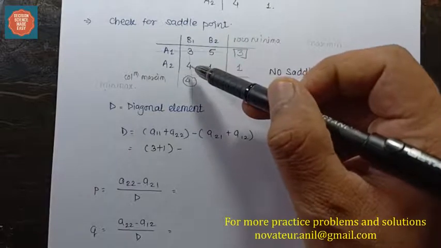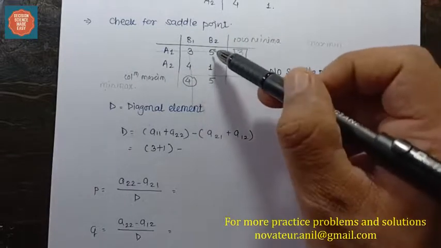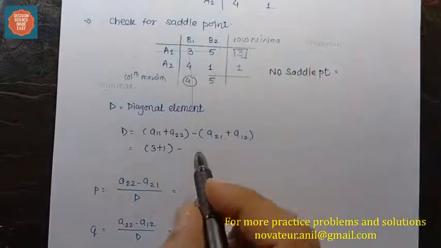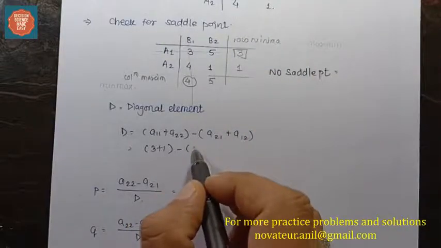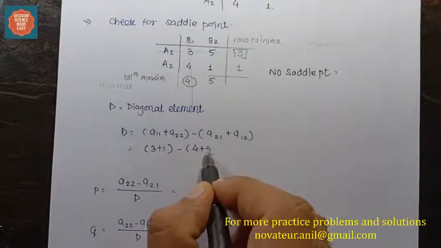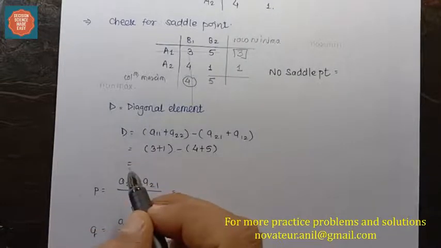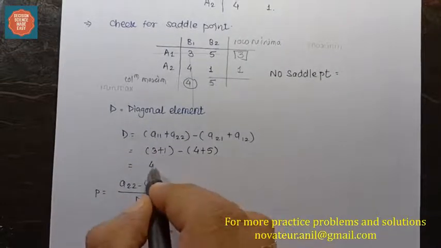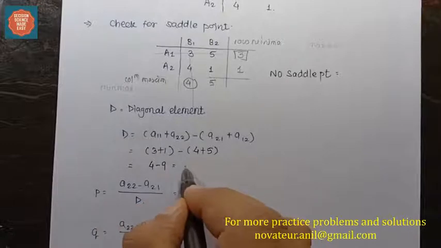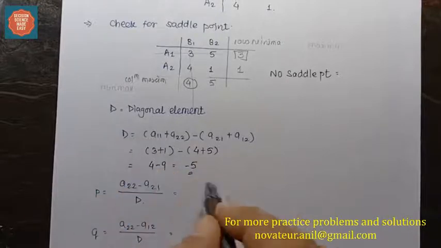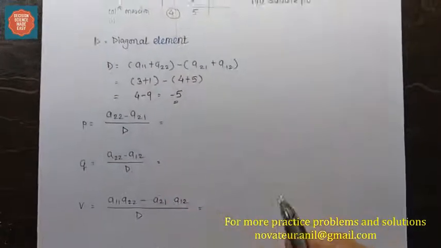This is 4 and 5, so 4 plus 5. If I do the simple calculation, that is 4 minus 9, which is equal to minus 5. So I got the value of D as minus 5.